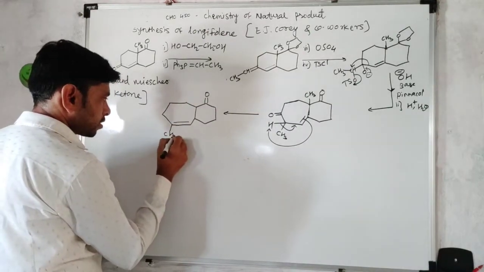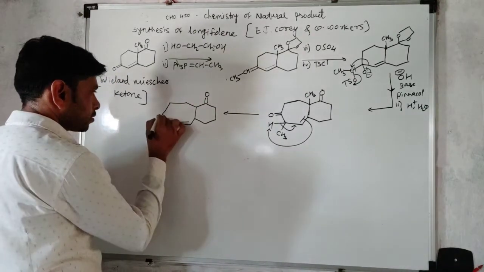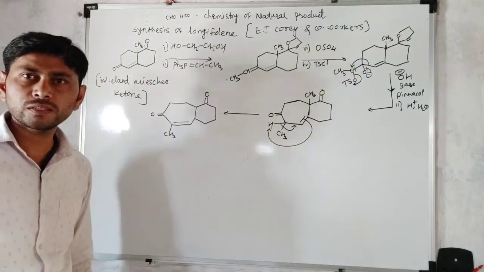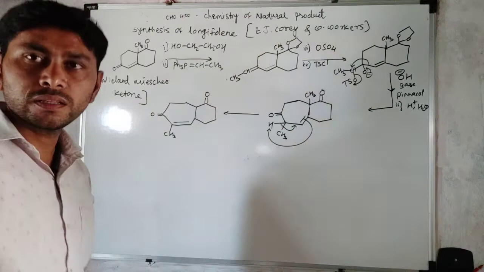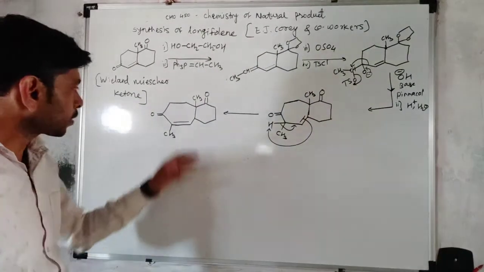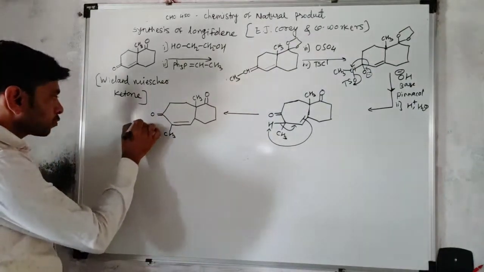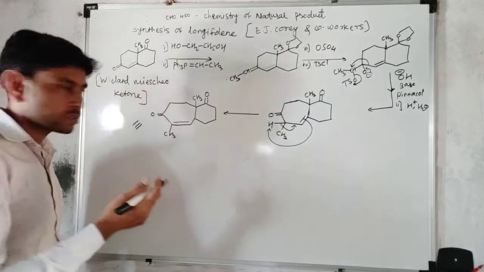This CH3 group is there, and this carbonyl group is there. Now this is actually the compound third in the retrosynthesis. Sorry, compound second in the retrosynthesis. So this is actually the second compound. So we convert it into another form.